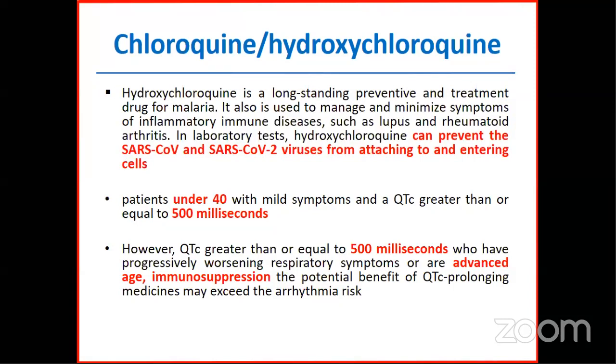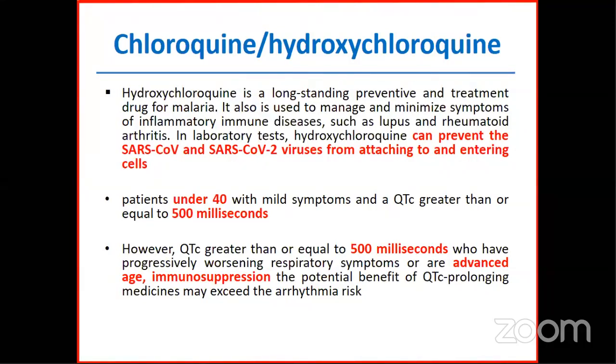Regarding chloroquines, mainly we are talking about chloroquine and hydroxychloroquine, those antimalarial drugs. Usually we used them to minimize symptoms of inflammatory immune diseases such as lupus and rheumatoid arthritis.